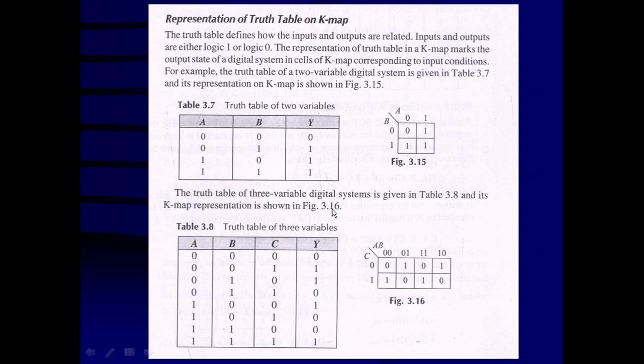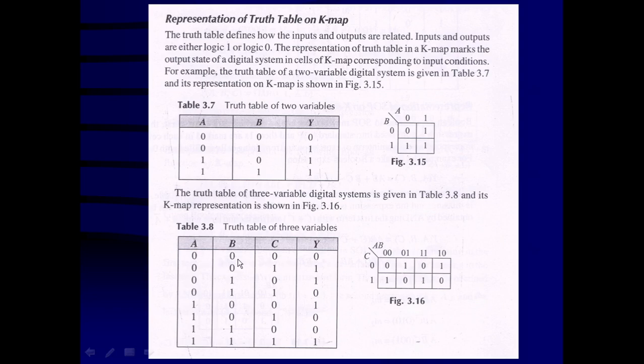The truth table for a 3 variable digital system is given in table 3.8 and the Karnaugh map representation is shown in figure 3.60. There are 3 variables A, B and C. So 2 raised to 3, that is 8 different combinations of the 3 variables, is possible.